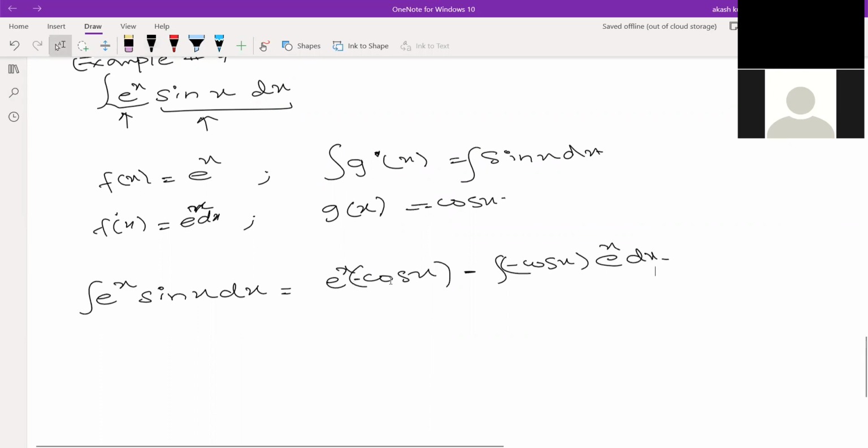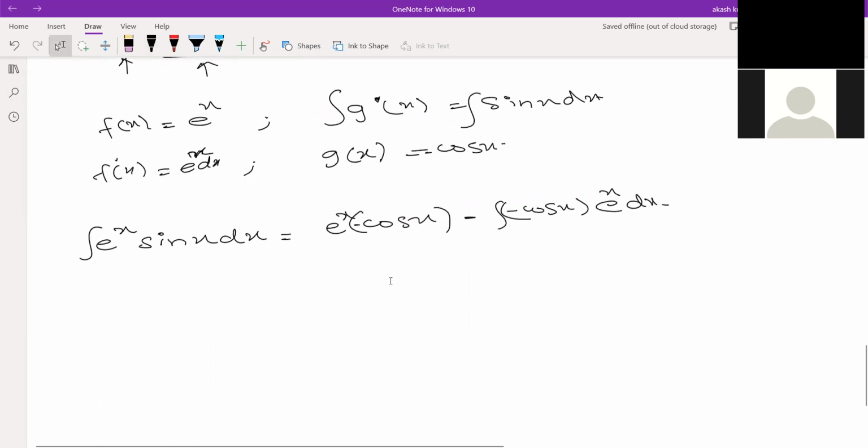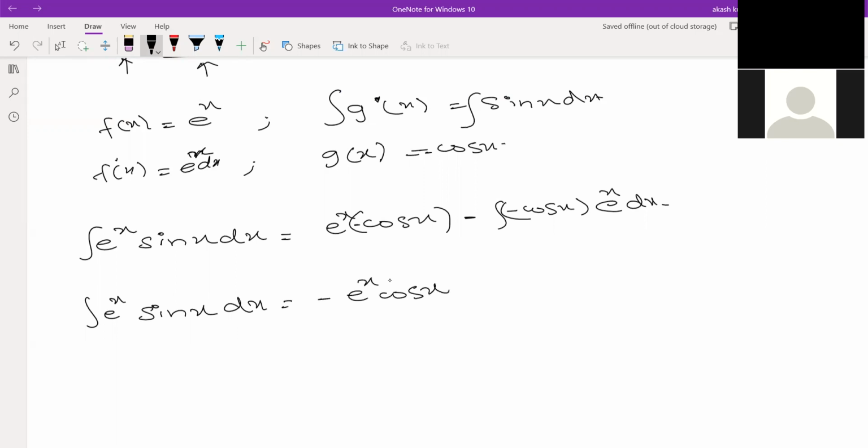So far we have just substituted our functions into the formula, and then we have the integral of e^x sin x dx equals minus e^x cosine x, minus minus becomes plus, plus the integral of e^x cosine x dx.